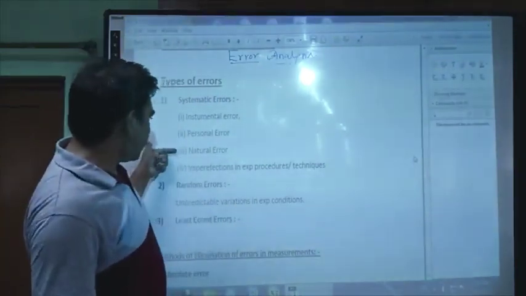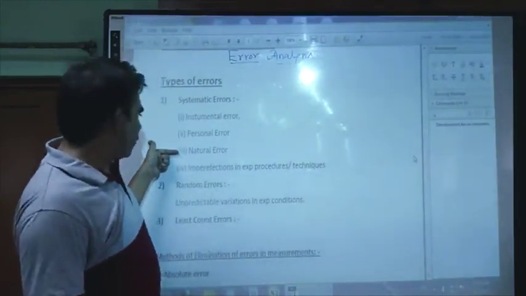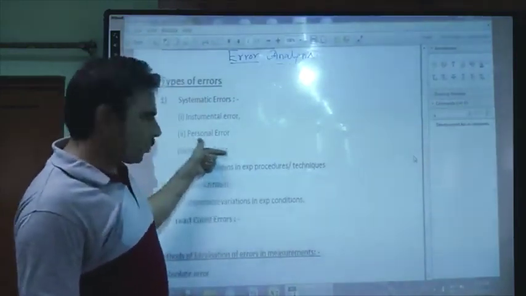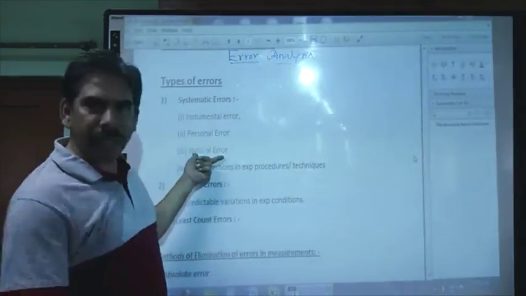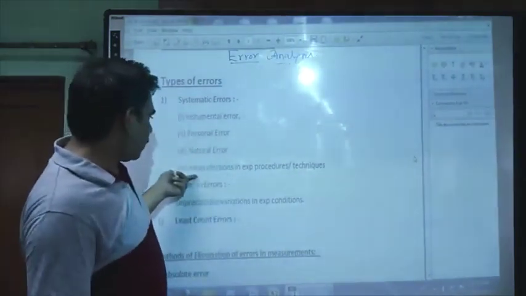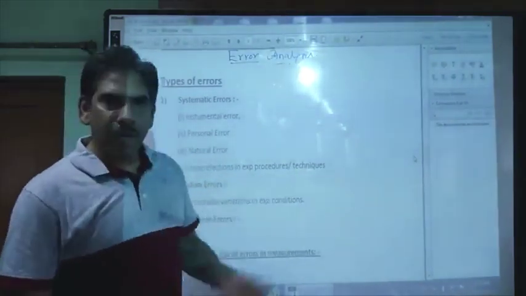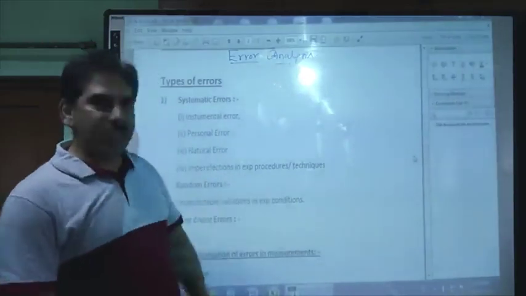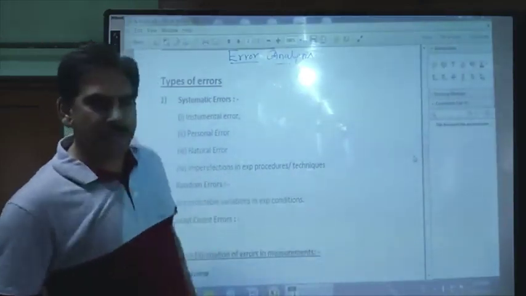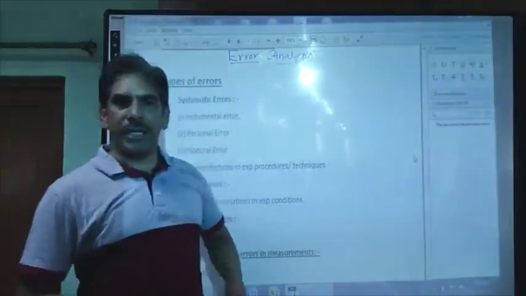If we keep the experiment under constant physical conditions, natural error can be reduced. And for imperfection, we can also improve the methods, procedures, techniques or experimental setups in order to get more accurate results.